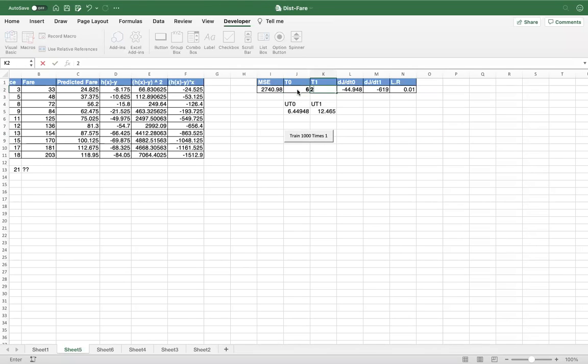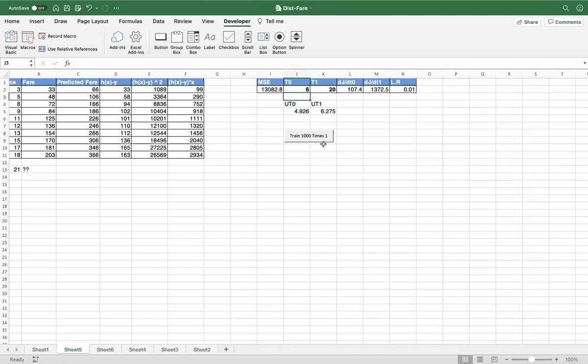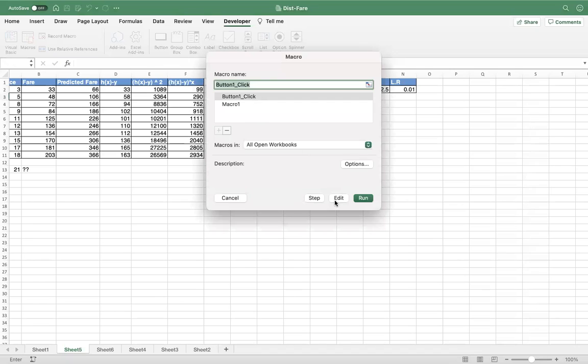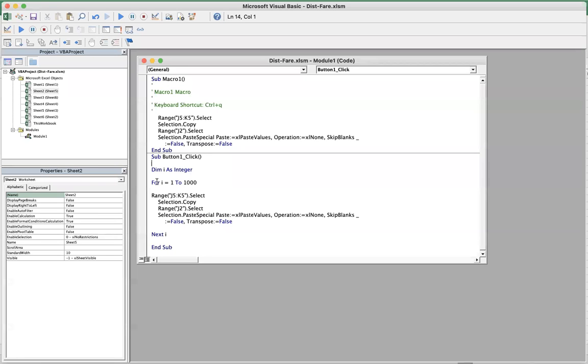So this becomes 6, this becomes 20. Do you see I wrote a loop condition there? If you go back to our formula, I wrote from 1 till 1000, loop this. So what does this do? It copies the values in our updated theta naught and theta 1 and pastes them back to the original theta naught and theta 1, right?